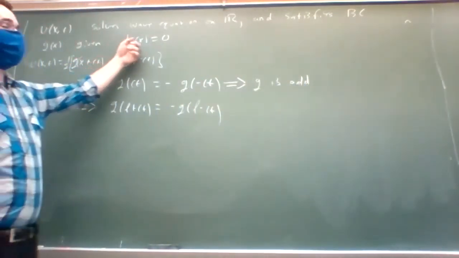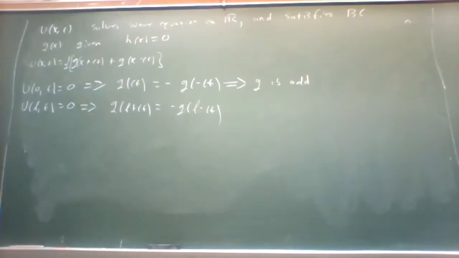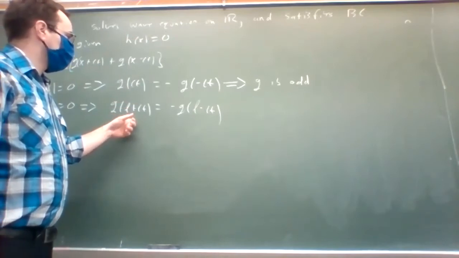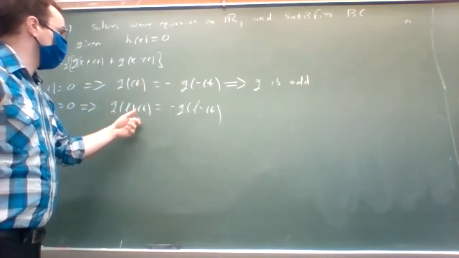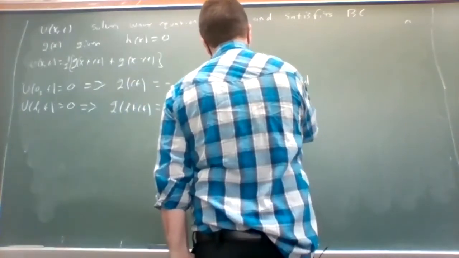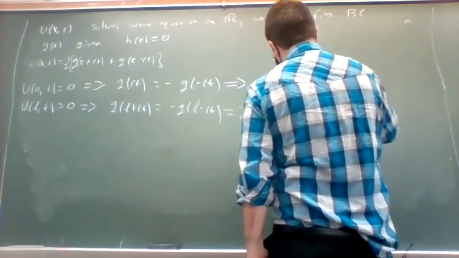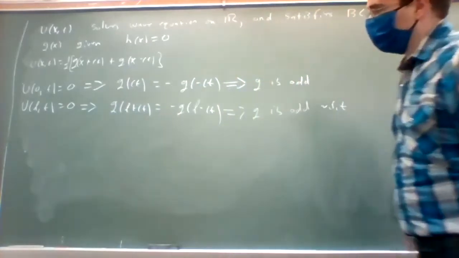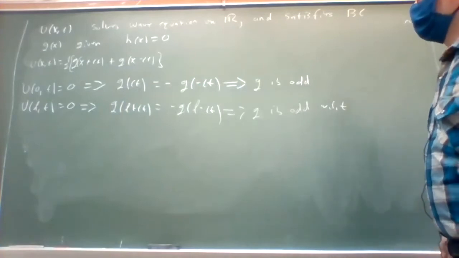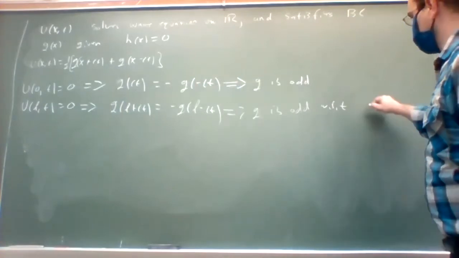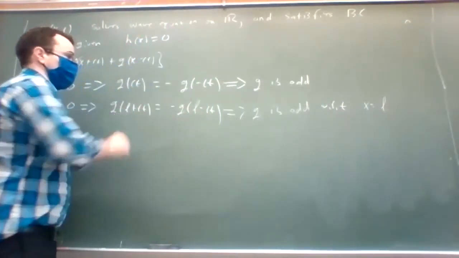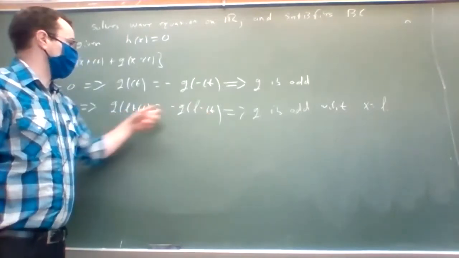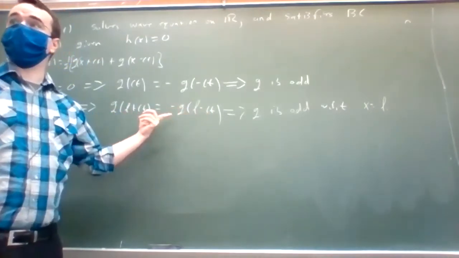Sure, this is under the caveat that h is equal to 0, but we'll broach that in a moment. g is odd with axis of reflection equal to 0, and this is telling you g is odd with respect to the line x equals L. Substituting in L for 0, instead of reflecting around 0, you can reflect around L, and it'll be odd with respect to that axis.